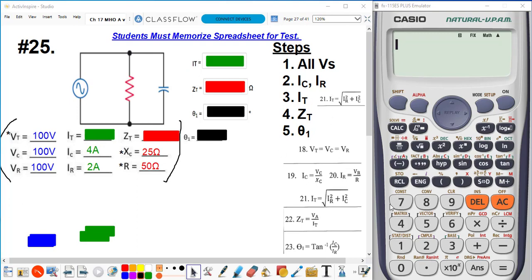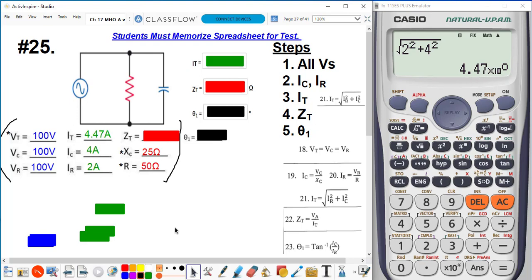So to find IT, we're going to use the square root formula. Open square root, we're going to put in our IR of 2 amps squared plus 4 amps squared. And this gives us our total current of 4.47 amps.